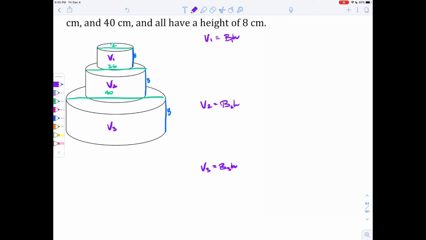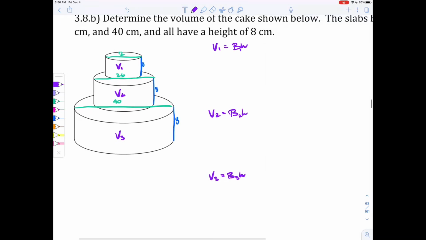So noting, I'm using that subscript for the bases because all those bases were different. I'm not doing it for the heights because the heights are all the same. So if they're the same value, you can use the same variable. But if they're not, then make sure you're switching that. Any questions?